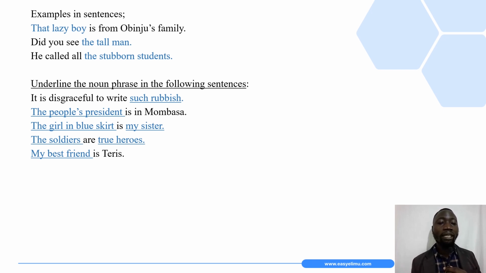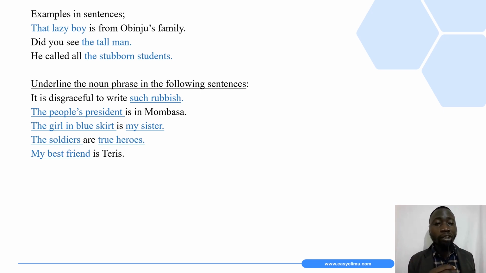So again, we have the determiner there, and again our modifier tall, then the main noun man. The last example in sentence, he called all the stubborn students. So again, in that example, the noun phrase that we have is the stubborn students. So there is our determiner, stubborn is the modifier, and the student is the main noun. So in this case, we have a plural noun.